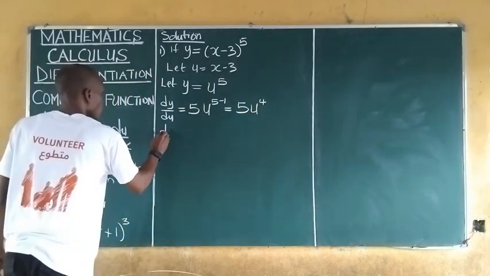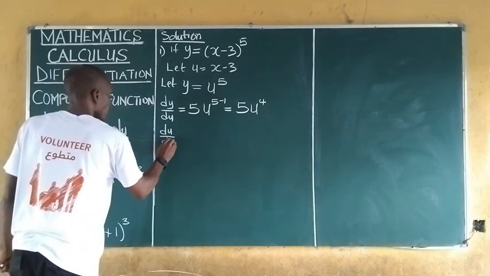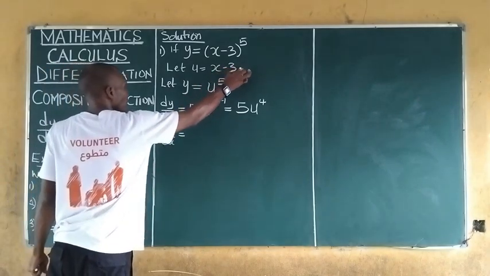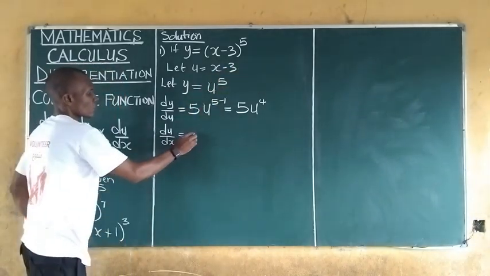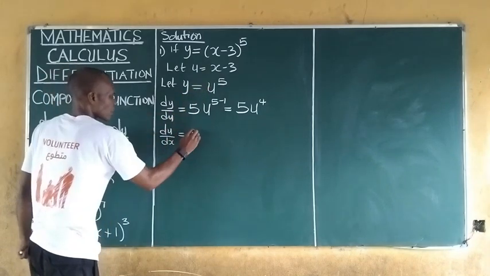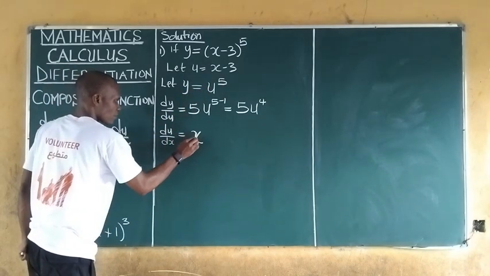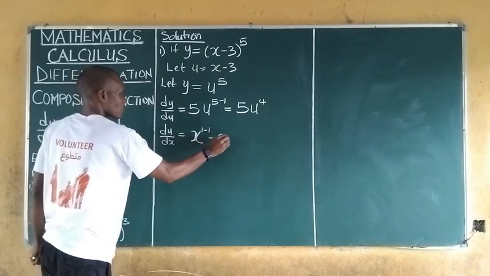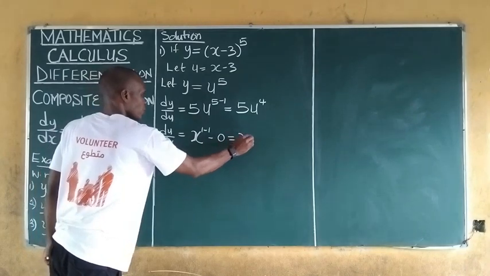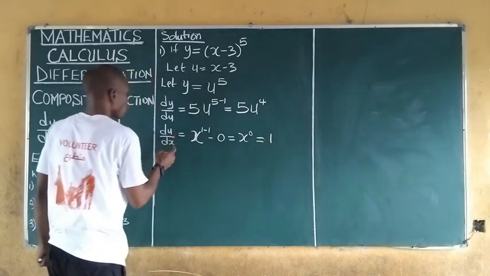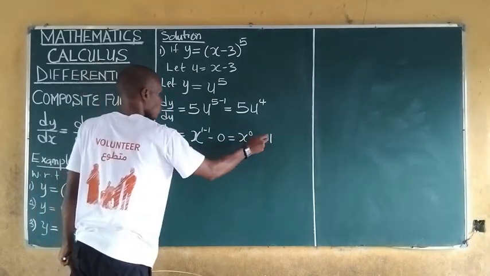Also, du/dx: if we differentiate x minus 3, we get just 1, because we have x raised to the power of 1 minus 1, minus 0, which is equal to x raised to the power of 0, which is equal to 1. So du/dx is equal to 1.